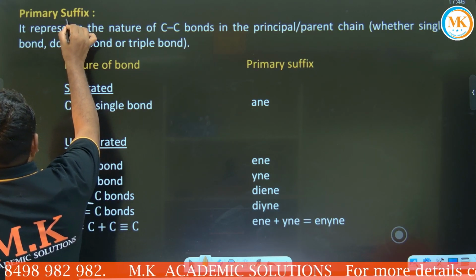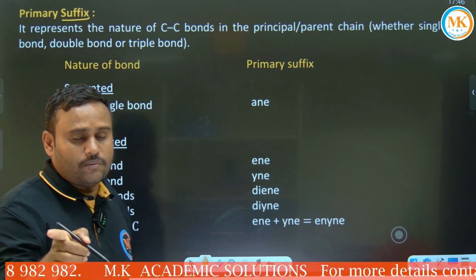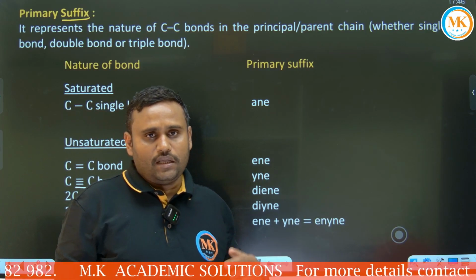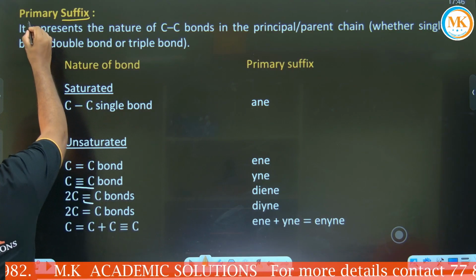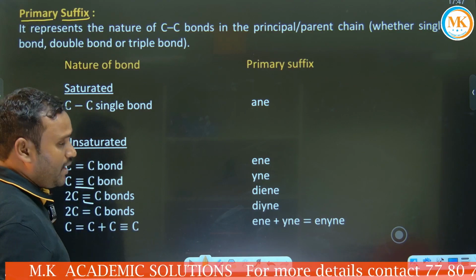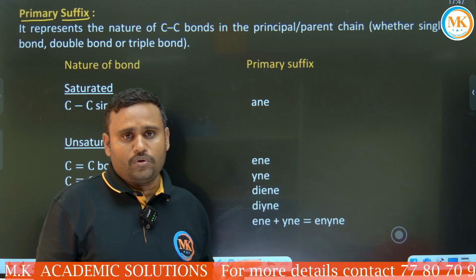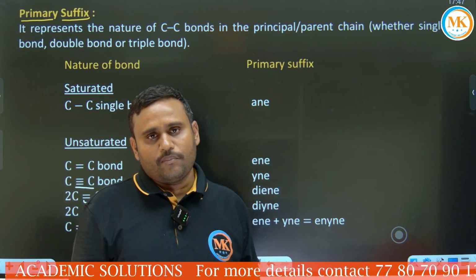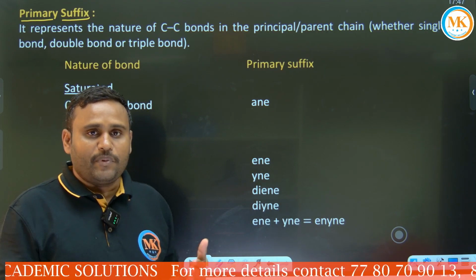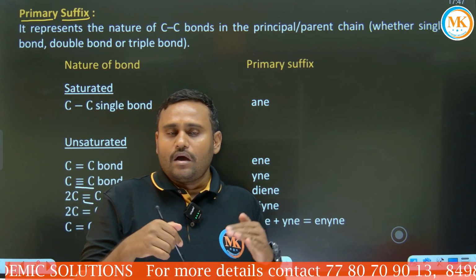Next is the primary suffix. Suffix is again of two types, primary suffix and secondary suffix. Now we are going to discuss the primary suffix. The primary suffix gives information about the nature of the carbon-carbon bond, whether the carbon chain is saturated or unsaturated.